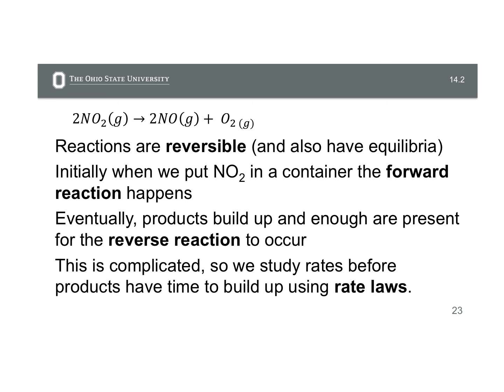For instance, from this last problem, when we put NO2 in a container, that forward reaction happens. Eventually enough product builds up that the reverse reaction starts occurring, and then eventually we get equal rates of forward reaction and reverse reaction, and that is equilibrium. But again, another chapter.